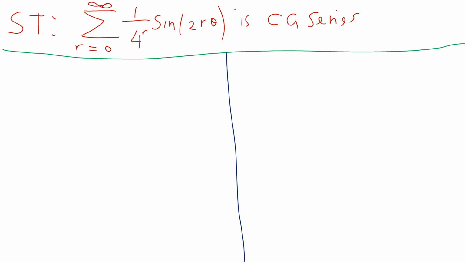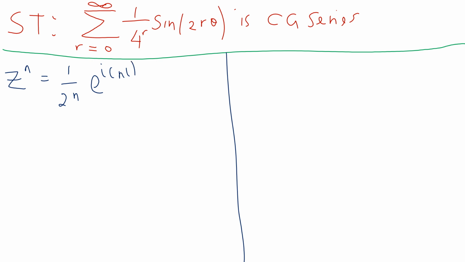This is a sum to infinity. So the sequence involved is 1/4 to the r times the sine of 2r theta. First of all, I want you to identify: previously we saw that z to the n is equal to 1/2 to the n times e raised to the power i n theta.